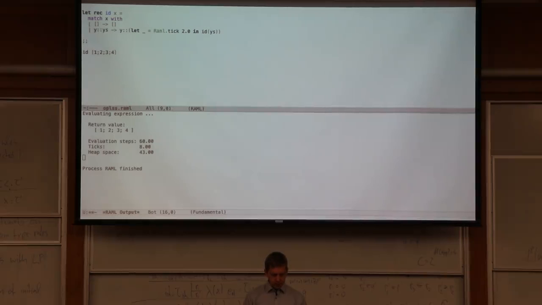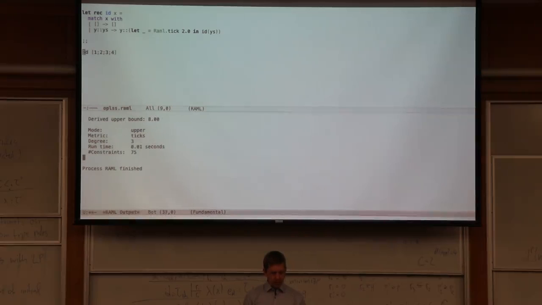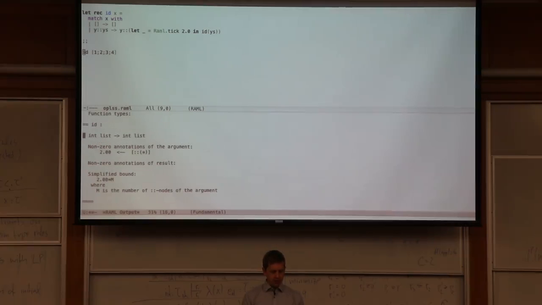So let's see. What else can we do? We can analyze the code now. I'm not sure in what mode I am. Okay, so we can analyze either just the main expression. Then we say the upper bound is 8, and it would also give us, for our convenience, the types of the functions we used. And here you see the type of this identity, which looks a little bit different than what you've seen in the course so far.